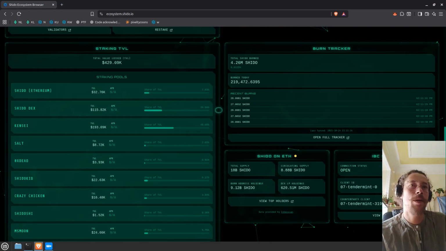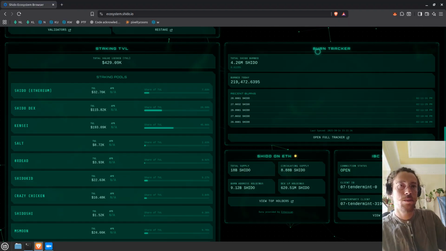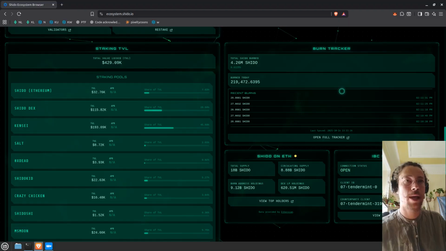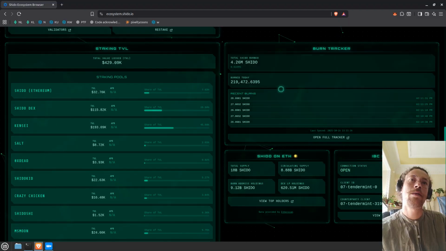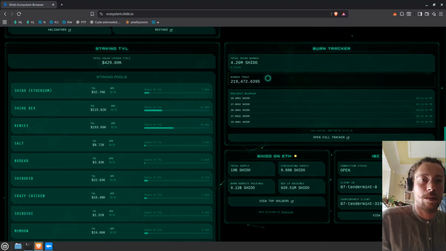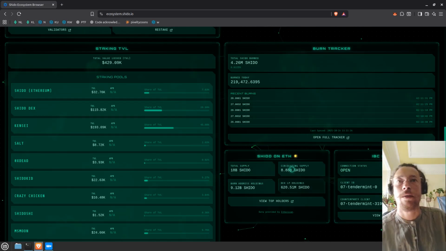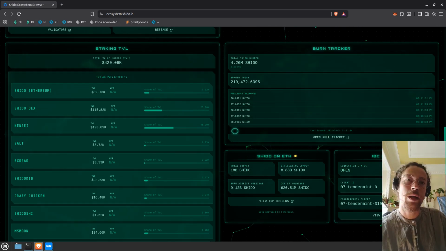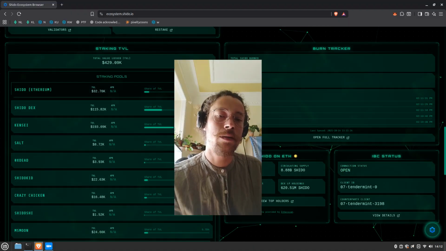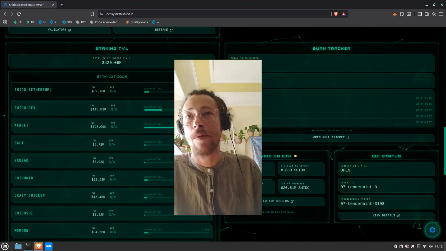There is other stuff like the burn tracker, because on Shido every transaction burns, not sure if it's all of the gas, but if it's not all of the gas, it's most of it. And little by little, burn will become an edge against the inflation rate, and possibly one day make it even deflationary, because it's not a fairy tale, it's actually a very tangible reality.